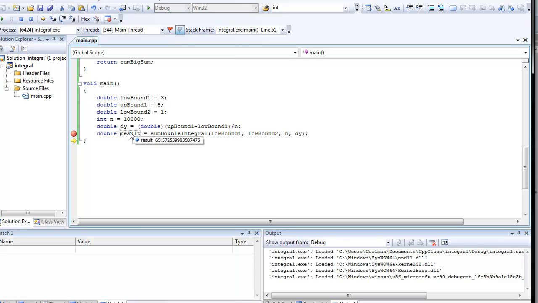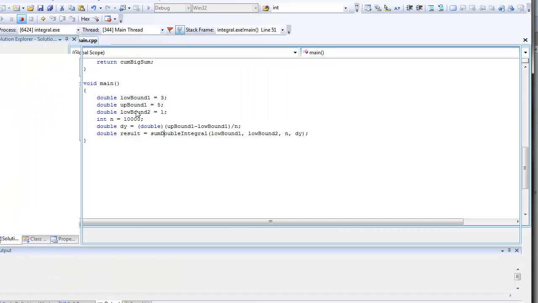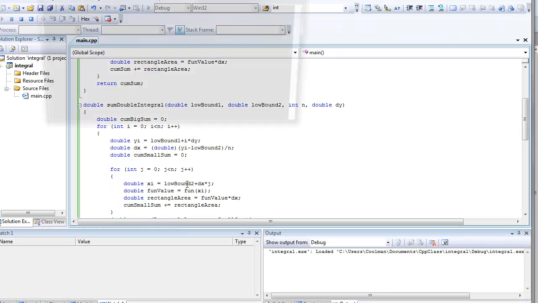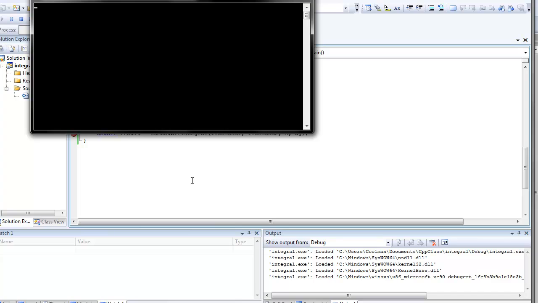Okay, 65.57. Almost there. Last try might be to increase it to such a number. It's gonna take much more time.